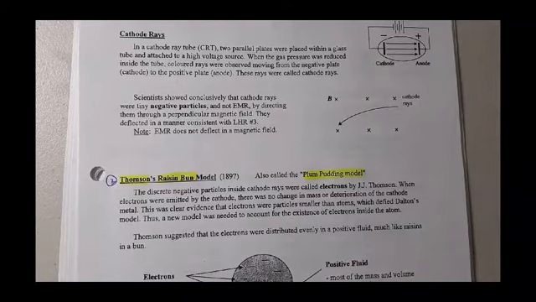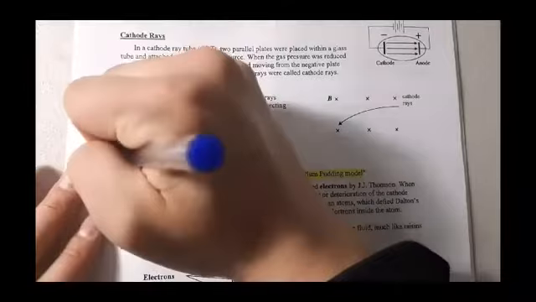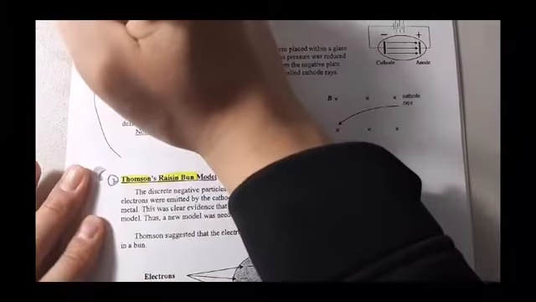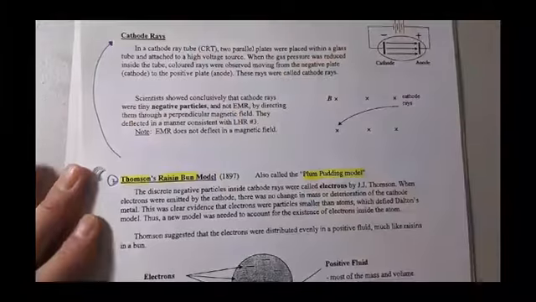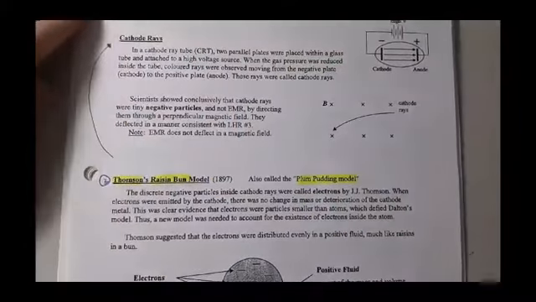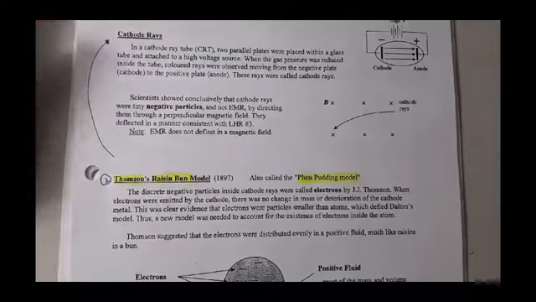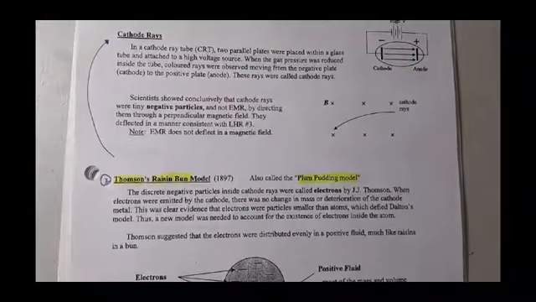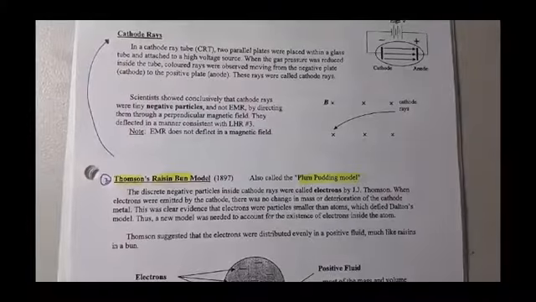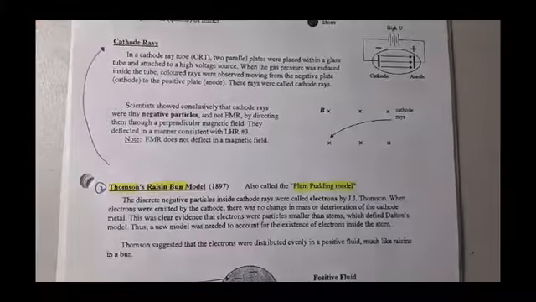But before we get into that, we're going to talk about what experiment inspired Thomson and made Thomson conclude that there is positive and negative matter in an atom. So let's talk about the famous experiment done by Thomson.